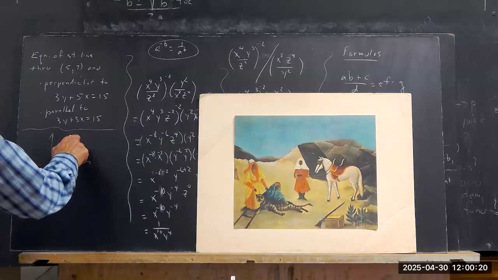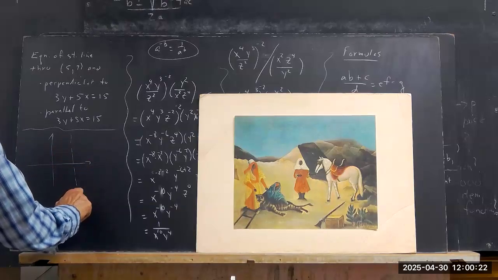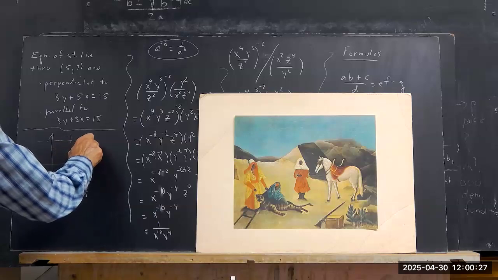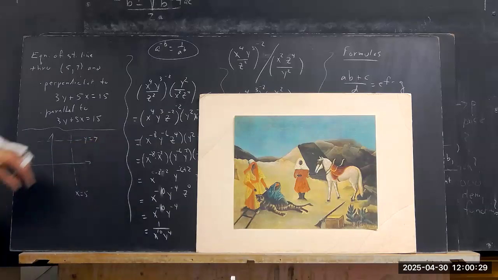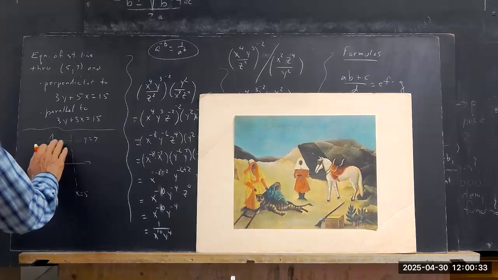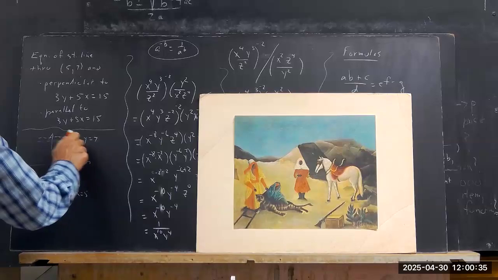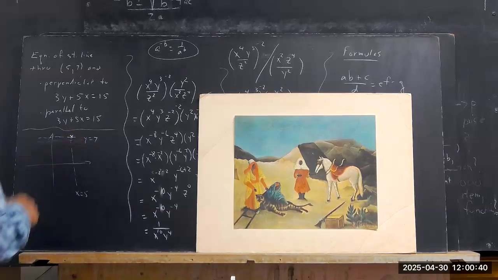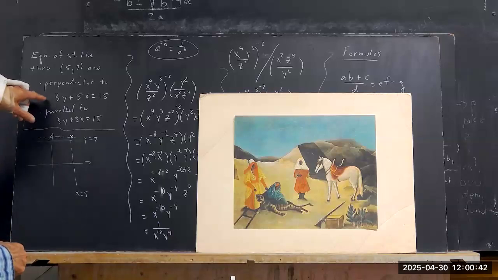We have the point (5, 7). Maybe even further up a little higher. Okay, so we're going to go through this point. We want one perpendicular to this line, and one parallel to this line.